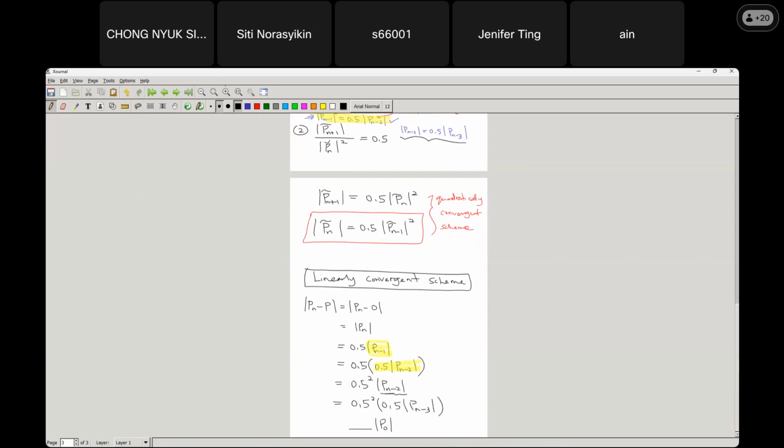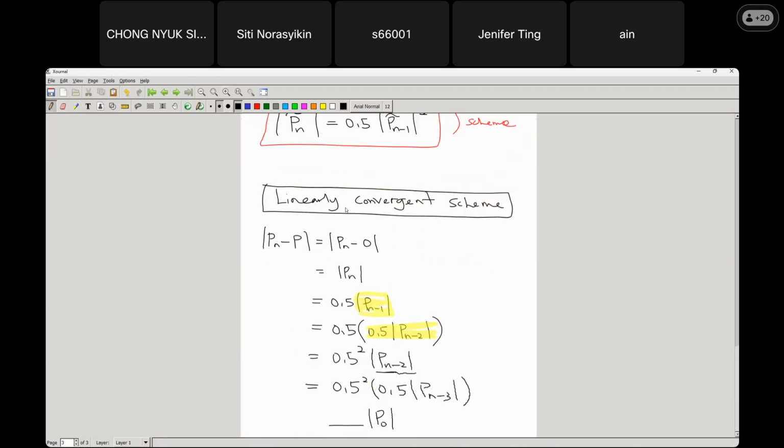Let me maximize. And let me erase this one, so that I can have some space to write. Now I simplified this one. So I have 0.5 cubed and then Pn minus 3.